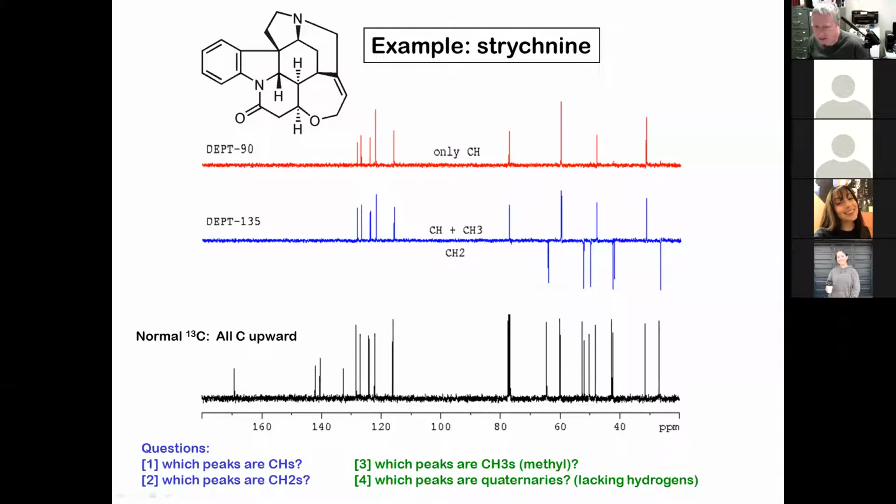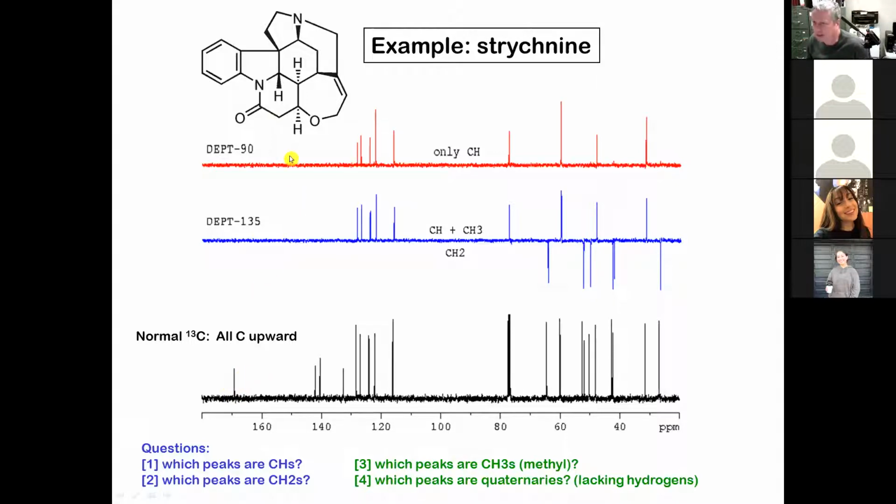Somebody said there are 3 CH3s. There's no CH3s. A CH3 would be like a line, right? There's 0 CH3s. None of these are CH3s. Like that's a CH2, CH2, CH2, right? C double bond O is a quaternary, and that's probably the peak at 170 down here.